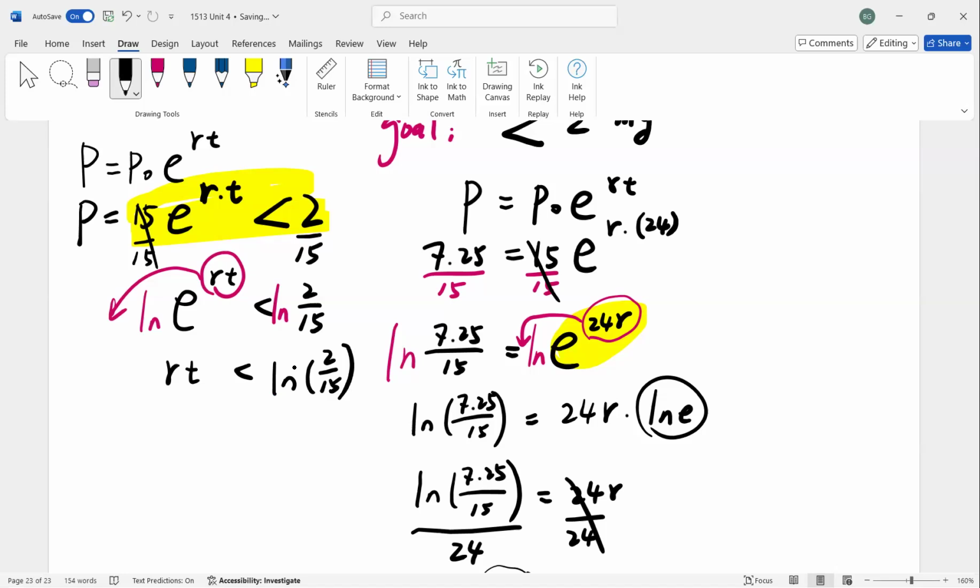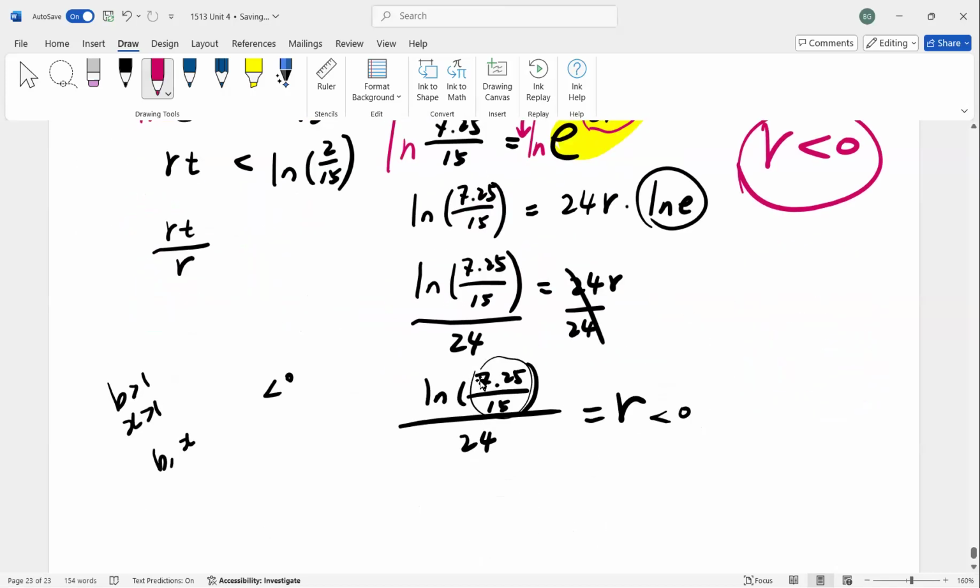And here is the challenging part. Mathematics-wise, to solve this inequality for t, we need to get rid of r. But remember, r is less than 0. You don't have to know exactly the value, although if you enter the expression in the calculator you'd get it.